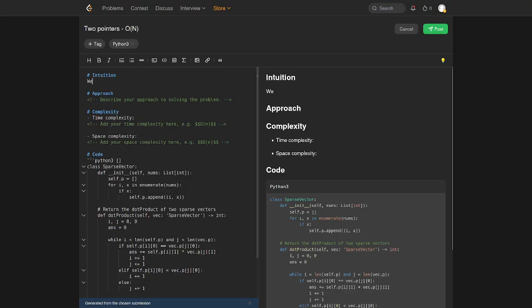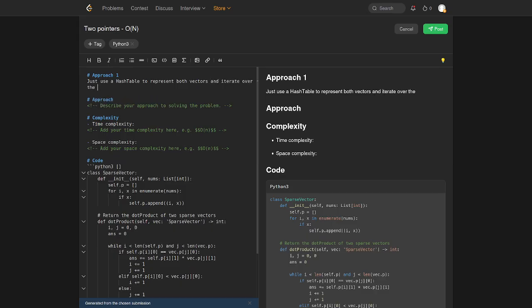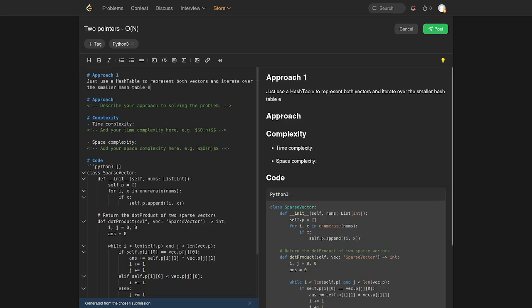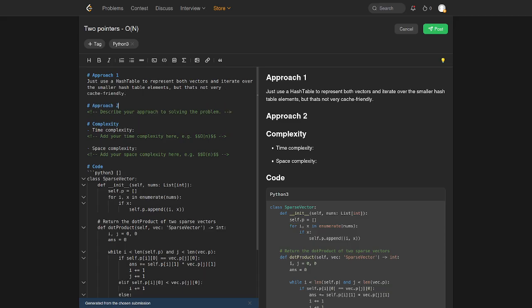Okay, so we could just use a hash table for both vectors and iterate over the smaller hash table's elements, but that's not a very cache friendly approach.